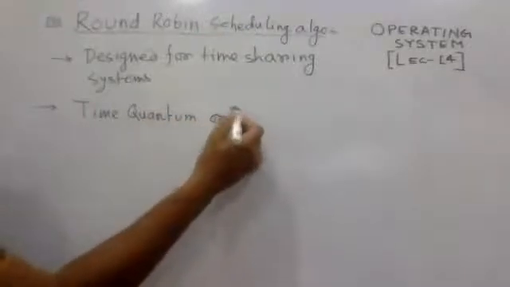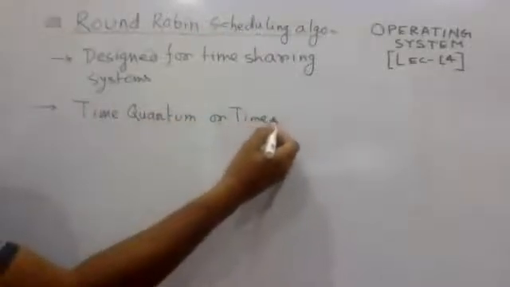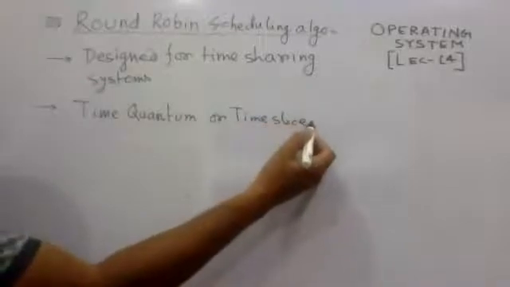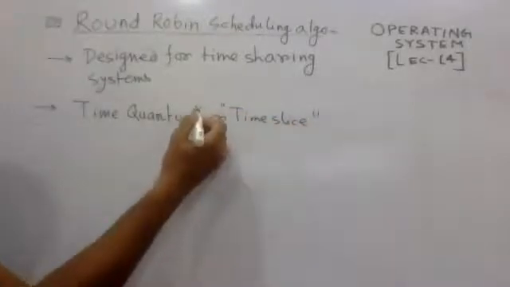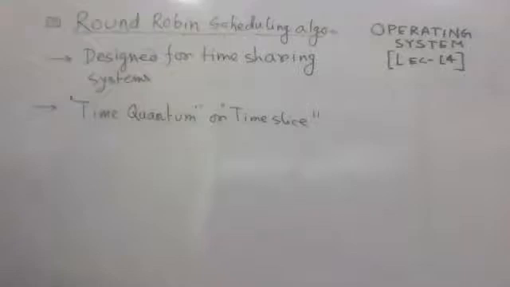In this algorithm, a small unit of time called time quantum or time slice is assigned to each process. This term is very important in case of round robin algorithm.